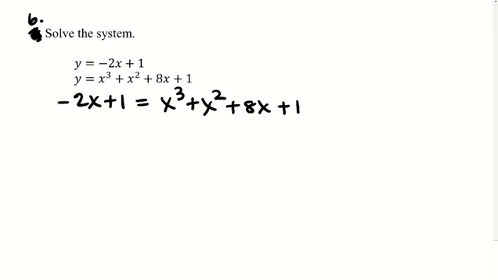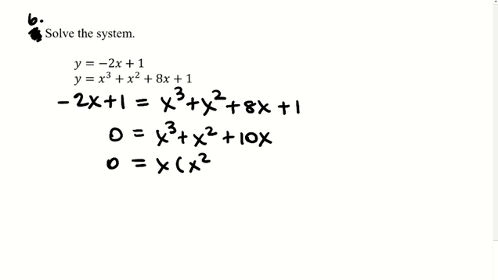Okay, I'm going to add 2x to both sides and subtract 1. So I get x to the third plus x squared plus 10x equals 0. Okay, I'm going to start factoring this. And then I'm going to solve.